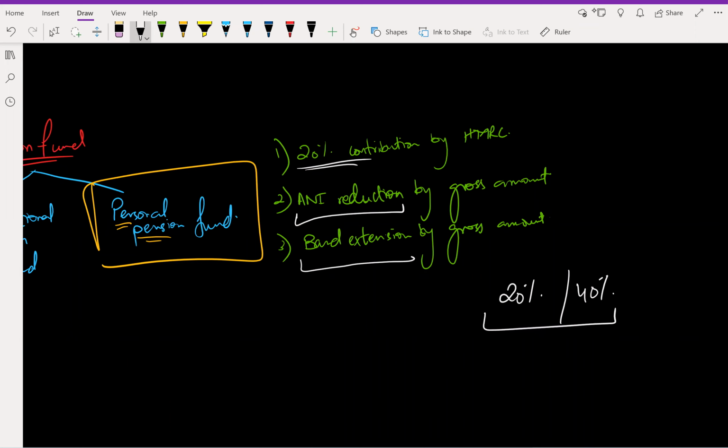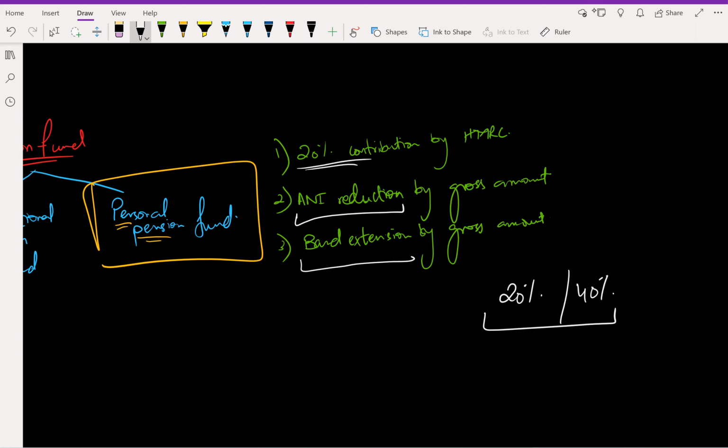This is where obviously the taxation system becomes unjust, because those who don't have enough to save, how would they extend their band? For example, a family that's got 4 kids, where both parents are earning, let's say the total earning is somewhere around 20,000 or 30,000 pounds per month. But with 4 kids, you won't have enough to save and contribute to the pension fund.